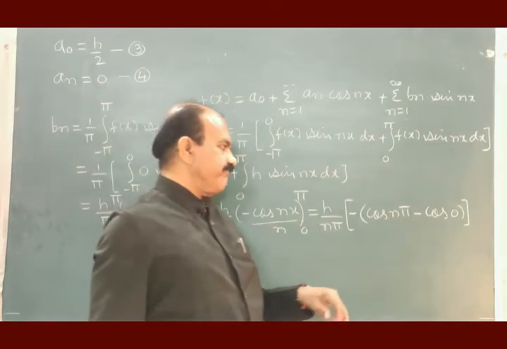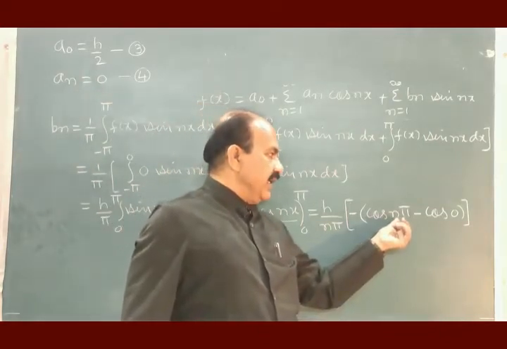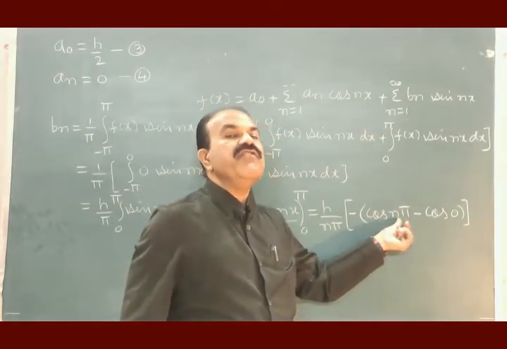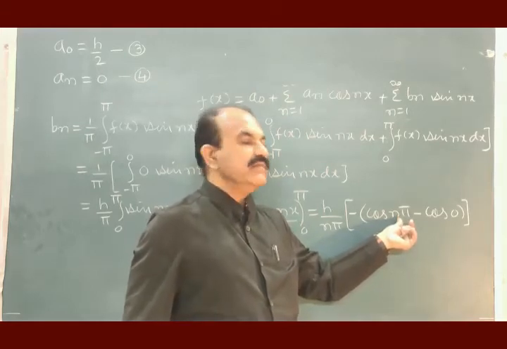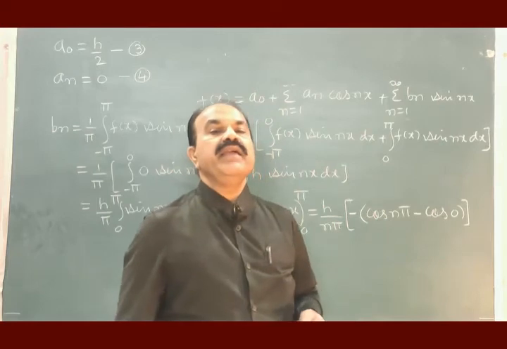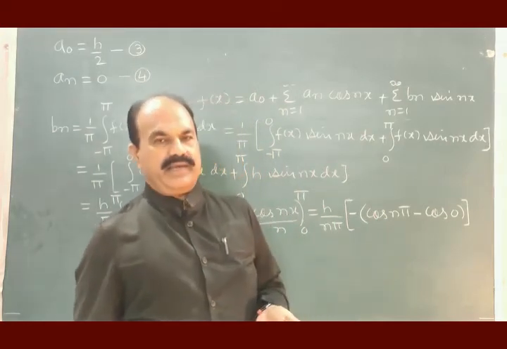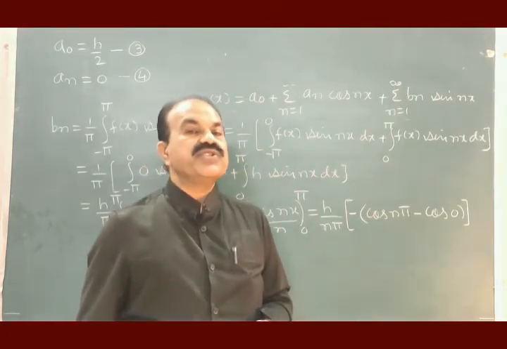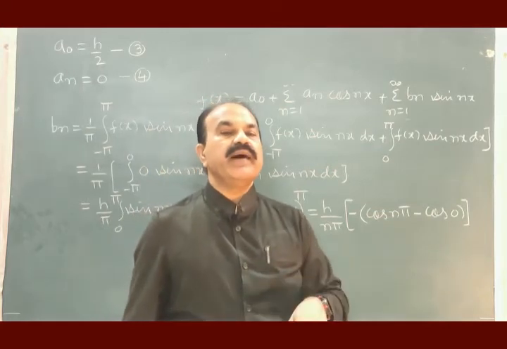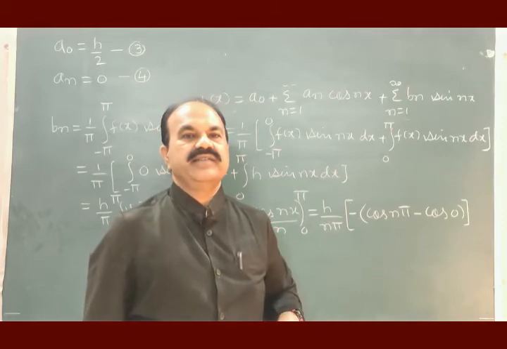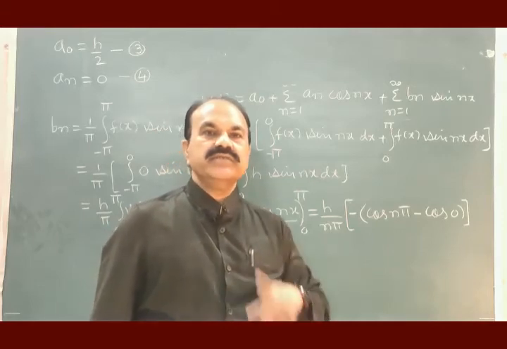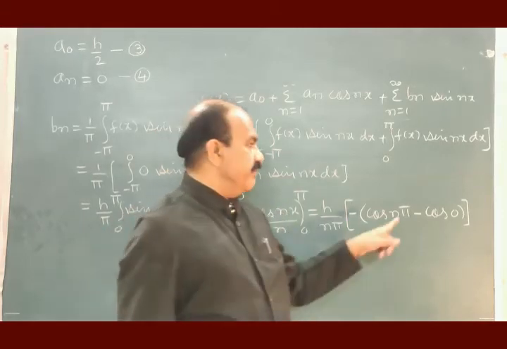Now, if n is even, n pi will be even multiples of pi. What is cos 2 pi, 4 pi, 6 pi, 8 pi, 10 pi, etc.? It is 1 minus.